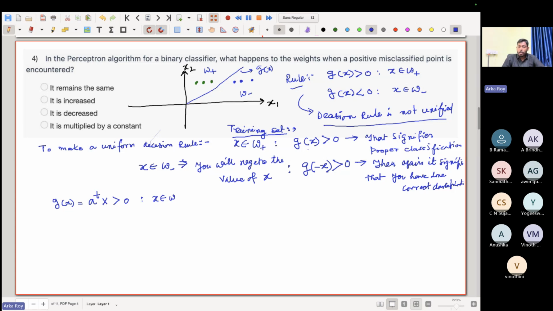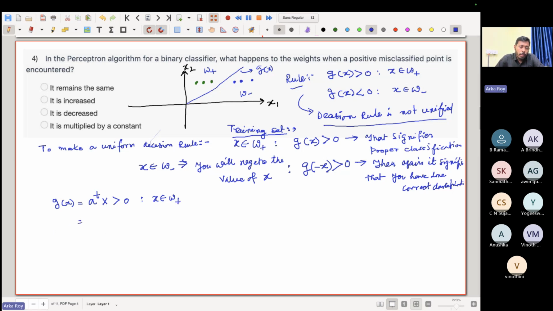Initially we were writing g of x. Now let us try to define the function, the equation of this particular line. The line equation of this line is A transpose x. We can consider this is basically y equal to mx, because this particular line is passing through the origin. So I'm writing it in terms of A transpose x. That is the standard form of writing these sort of equations in the machine learning literature. So when x is positive.